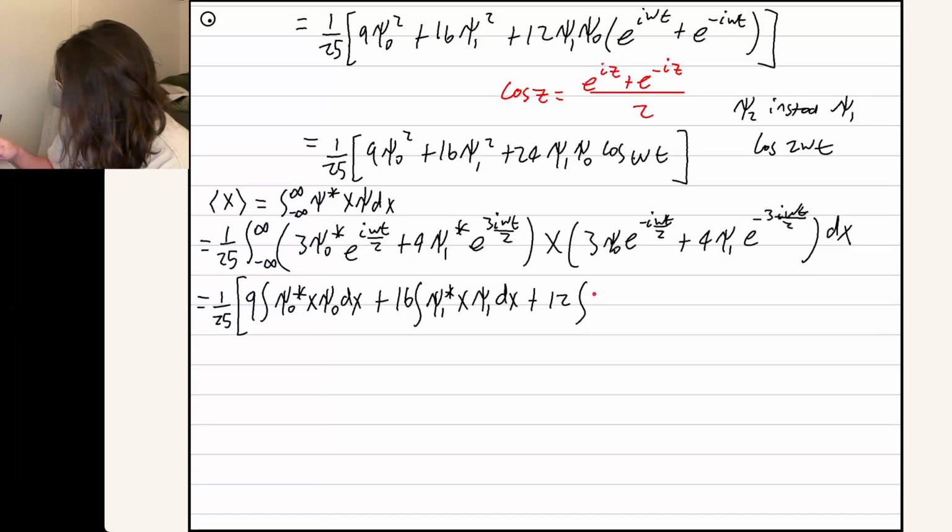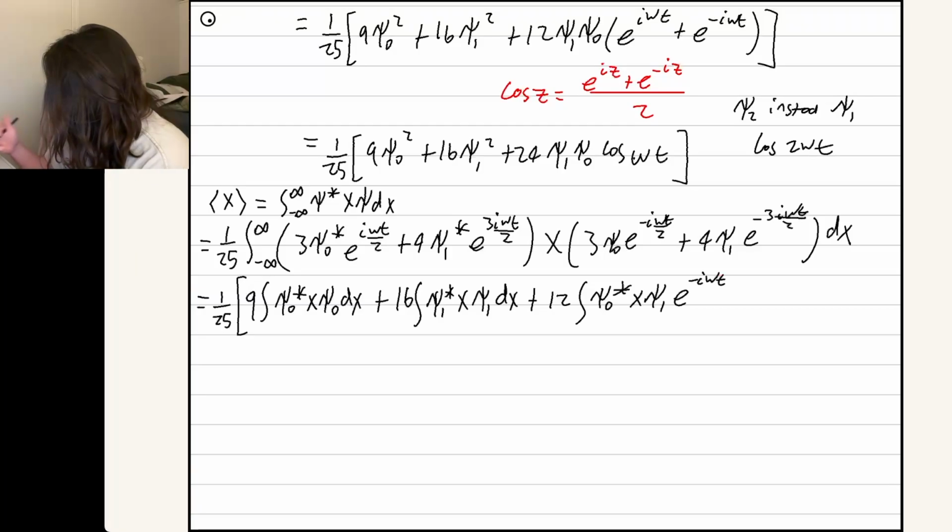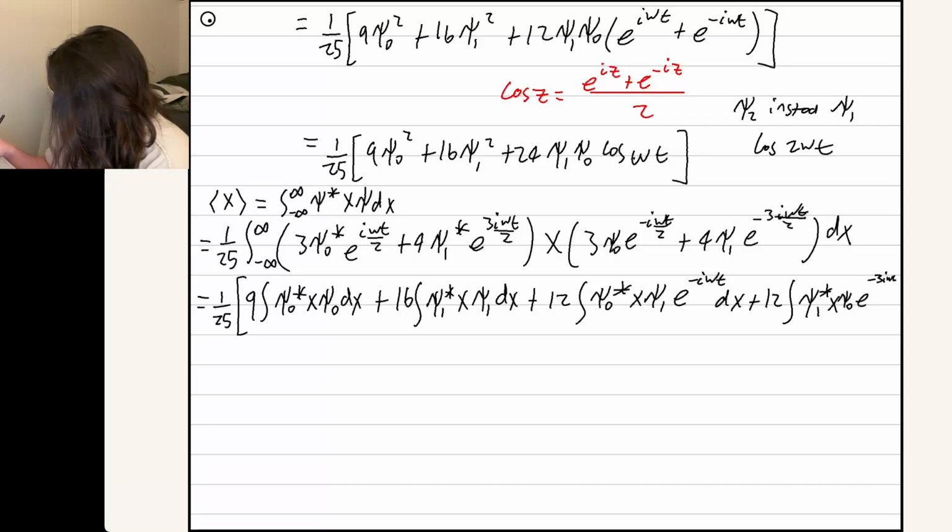Will just be 12 psi 0 star x psi 1 e to the minus I omega t dx plus 12, I'm running out of room, psi 1 star x psi 0 e to the minus 3 I omega t over 2 from minus infinity to infinity.